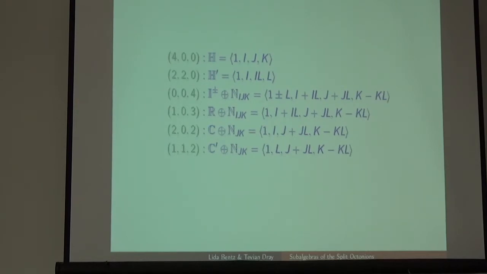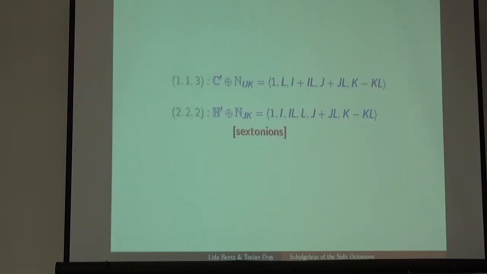And actually, we can go higher than 4D. Not much higher, but we can. So the only 2 other signatures we have in higher dimensions, aside from the entirety of the split octonions, would be signature 113.